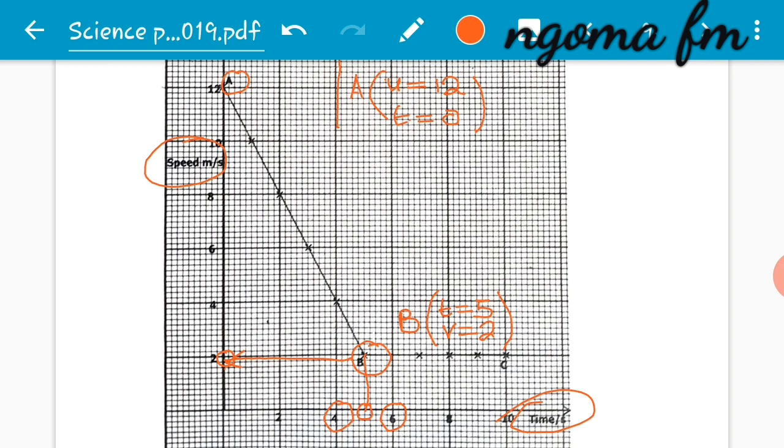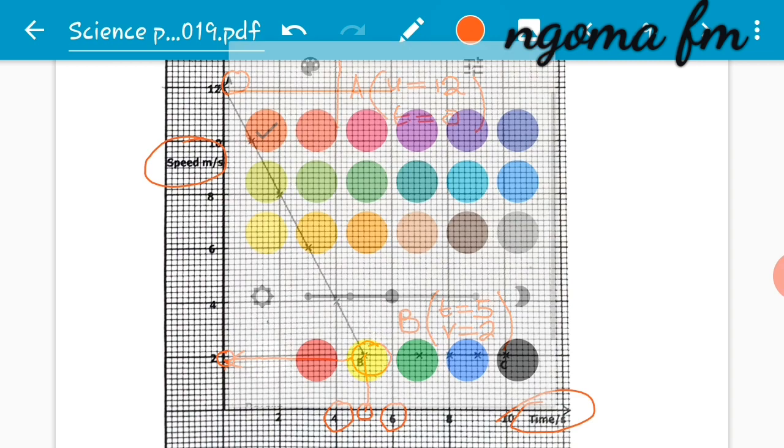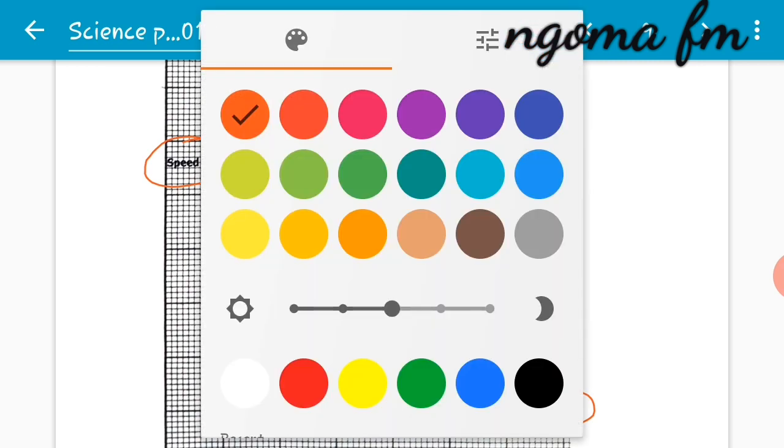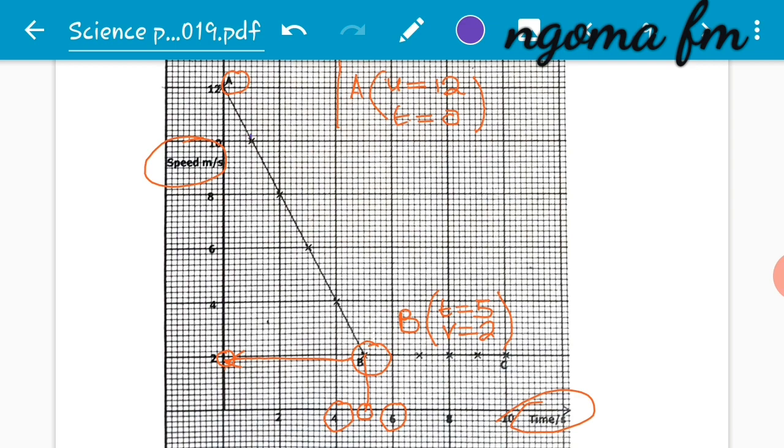The area underneath the graph will be, so the line from A to B to C is our graph. Now, the area that is under here, this area that is under this graph is the distance covered.